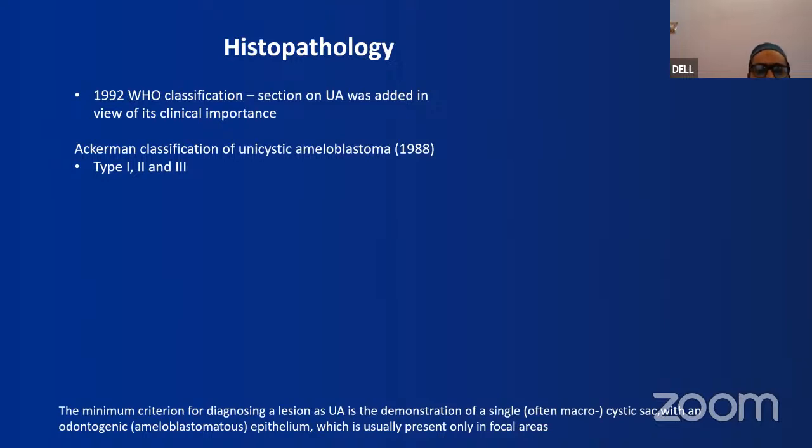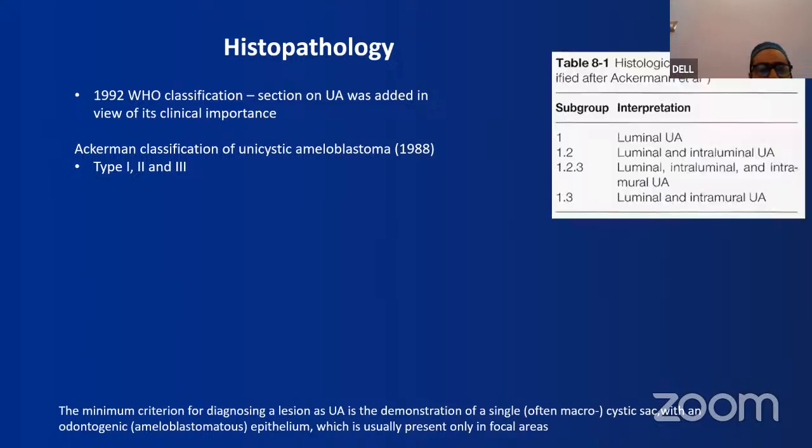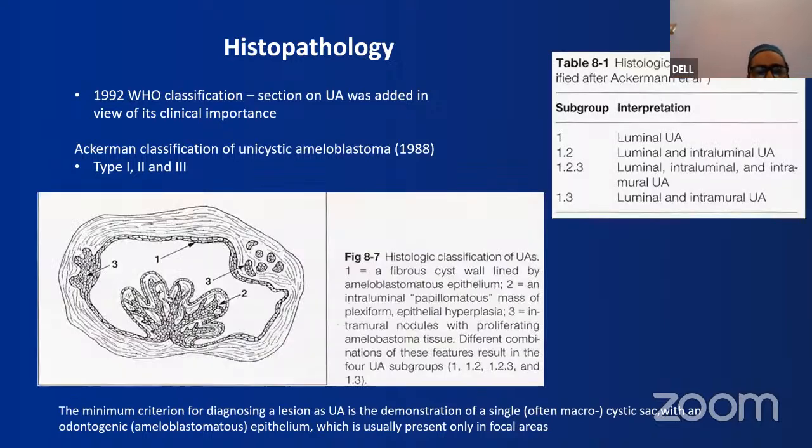Now, classification of unicystic ameloblastoma was given in 1988 by Ackermann into type 1, 2, and 3, in which type 1 is the ameloblastic epithelium within the cyst wall, within the cystic lining.